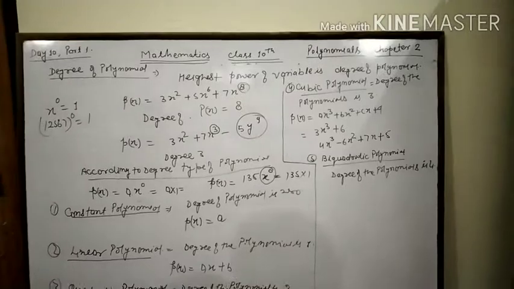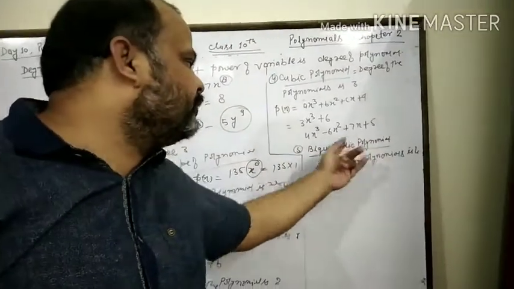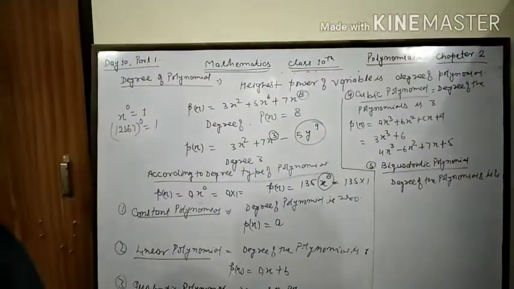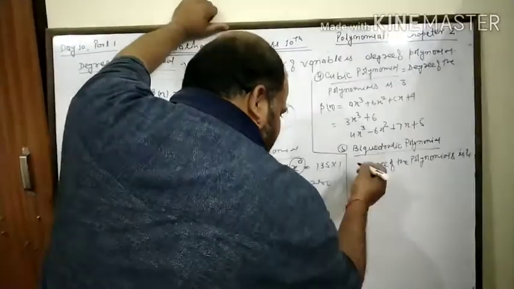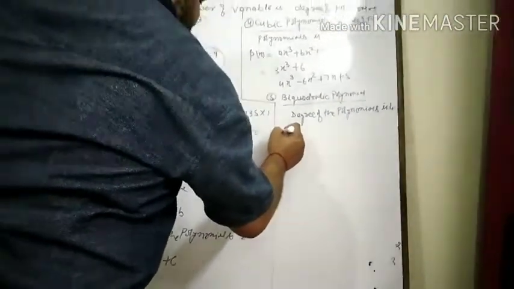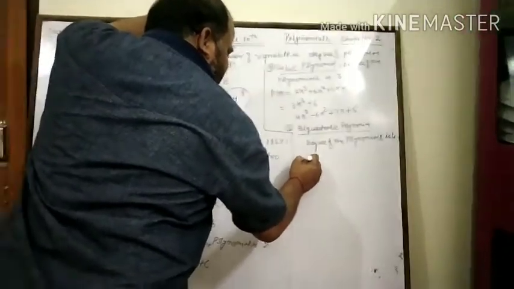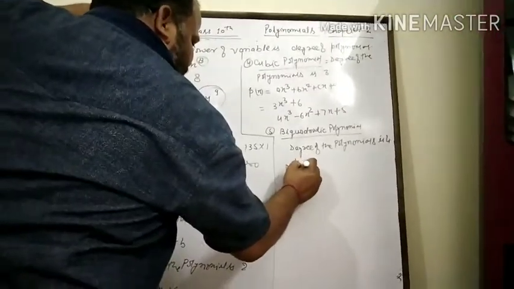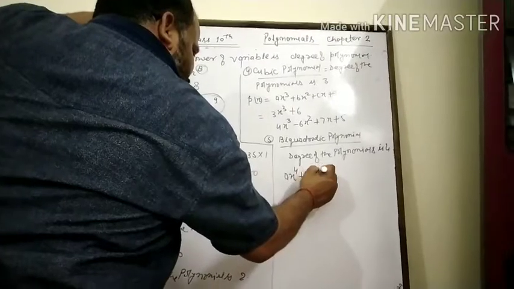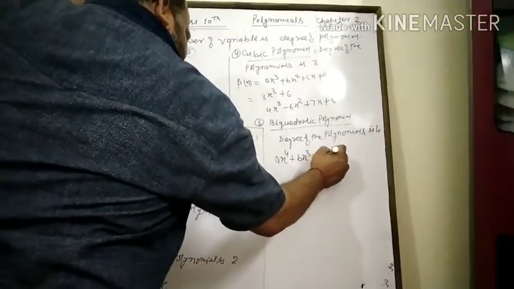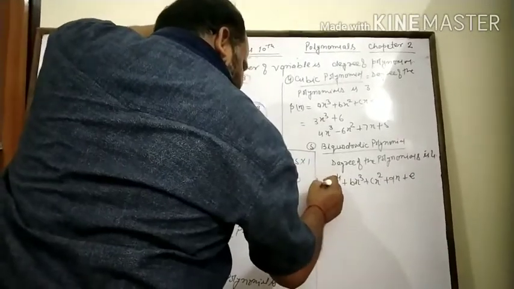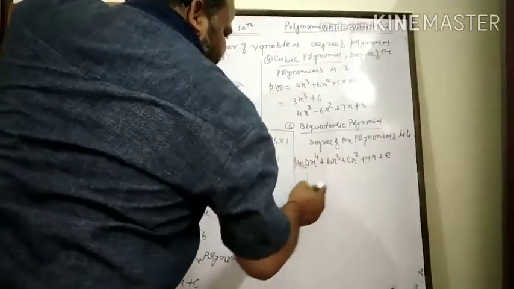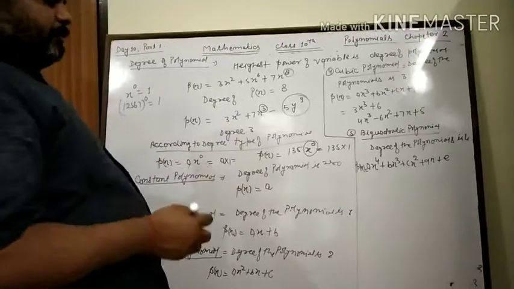If the highest power of the given variable is 4, then it is called the biquadratic polynomial or the fourth degree polynomial. And the standard form of the biquadratic polynomial is ax⁴ + bx³ + cx² + dx + e. It is the standard form of the fourth degree polynomial.